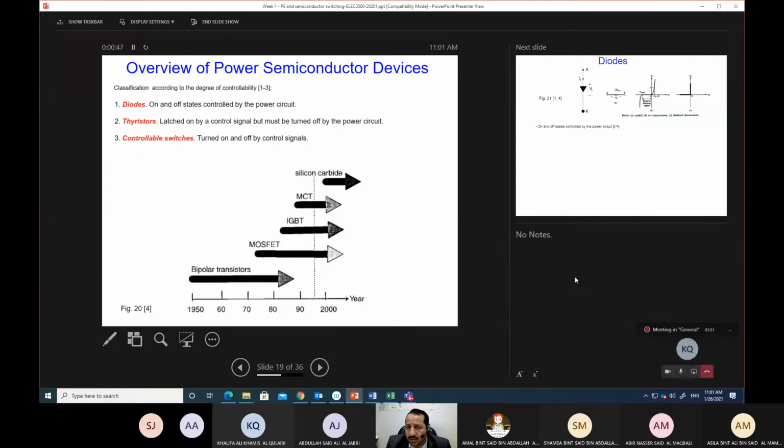Okay. Now, you remember last session we started by introducing the topic of power electronics. We defined power electronics as a topic. We talked about linear power supply and switch mode power supply, what the difference between them is, and how we need to save energy, improve efficiency, and reduce size and weight.